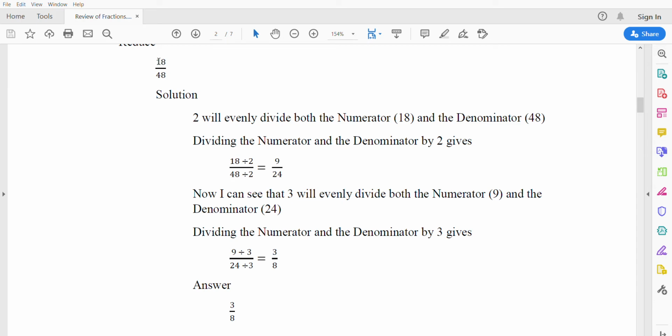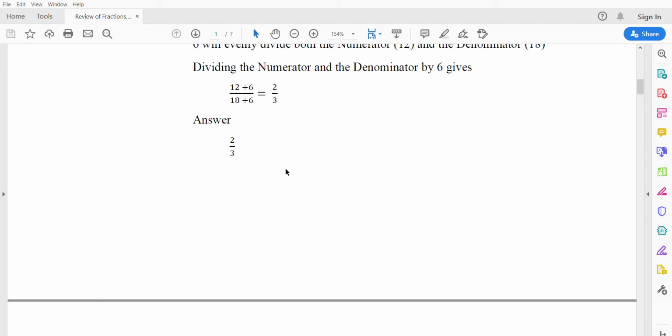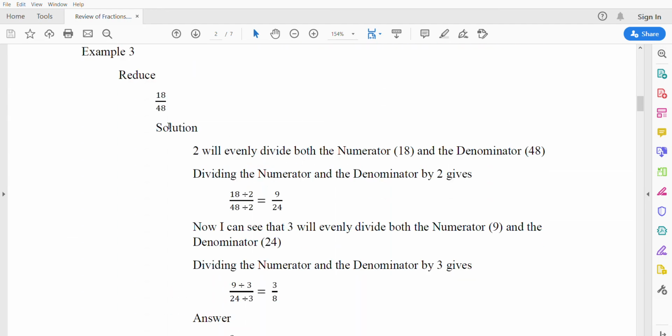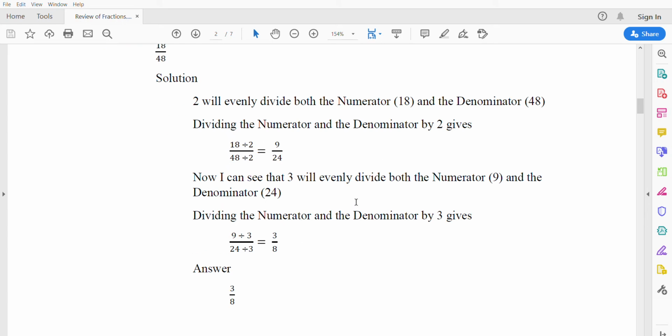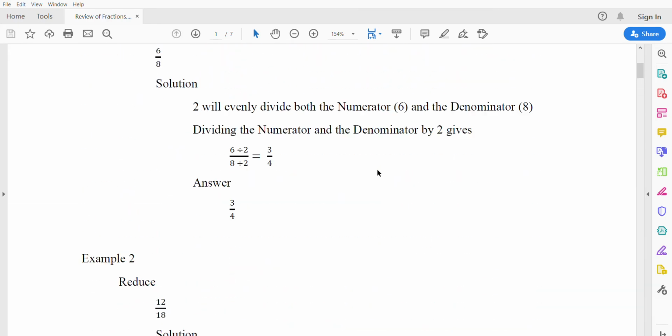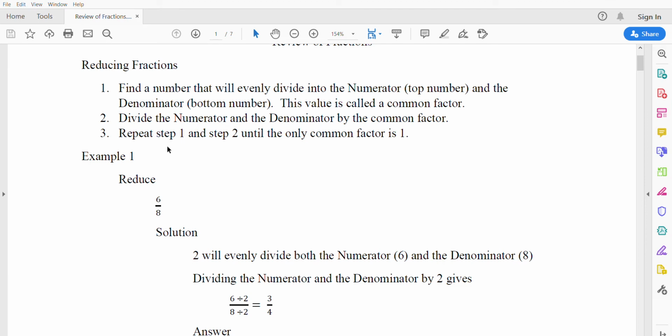Now, some of you might have noticed that you could divide top and bottom by 6, and if you did that, you would have gotten to the 3 over 8 faster. So, if you find something called the greatest common divisor, the greatest common factor, then you could actually get to that answer in one step. But if you don't see that greatest common divisor, then you do it step by step. Okay, so that's how I'm going to be reducing my fractions.